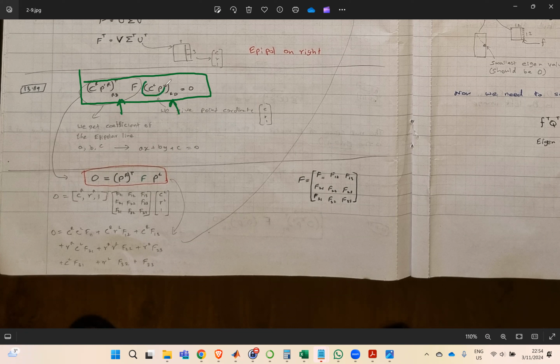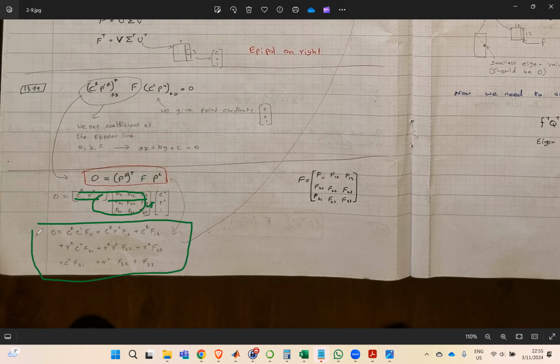So other than writing it out, I can just represent the point with P. And I can write it with the coordinates for this point, and for F, these are the F values, the unknown 9 values. The other side I can write like this too. Then I can expand this matrix multiplied with this, then that combination multiplied with this, and I get a big equation like this.